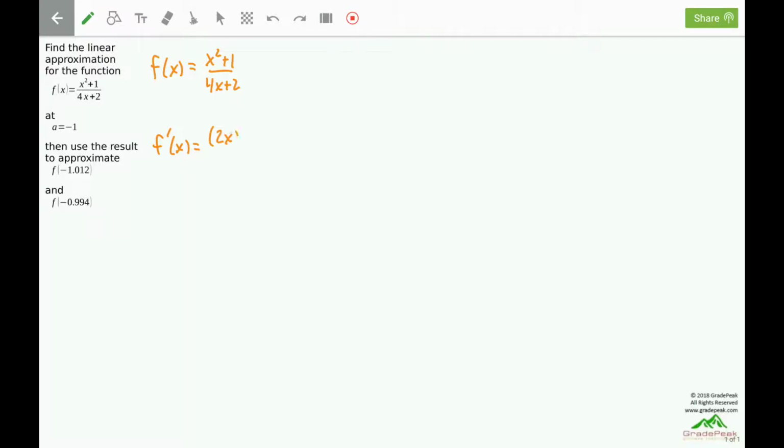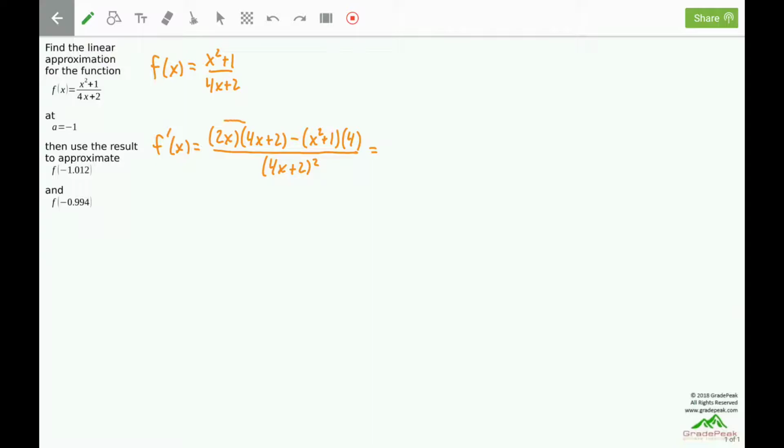Derivative of the numerator, 2x, times the denominator left alone, 4x plus 2, minus the numerator left alone, x squared plus 1, times the derivative of the denominator, which is 4, all over the denominator squared.